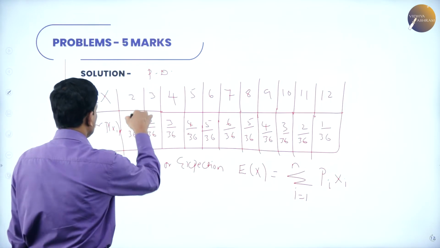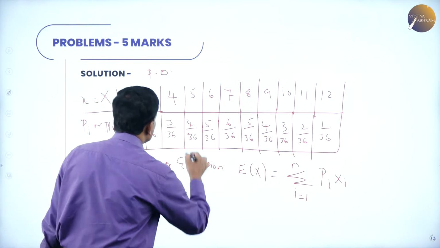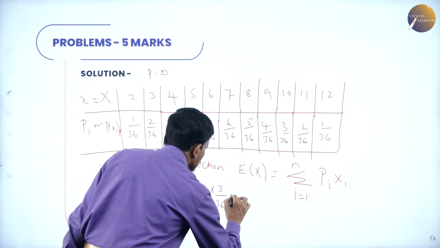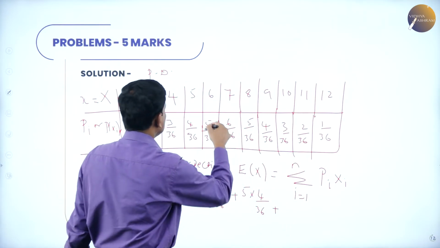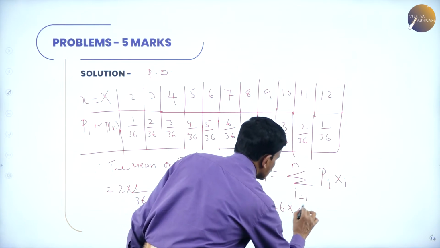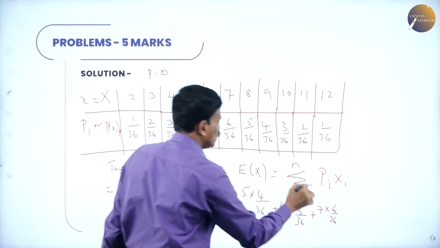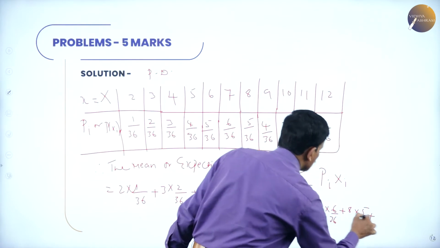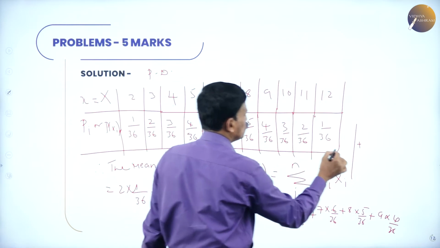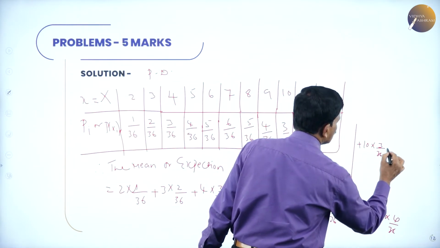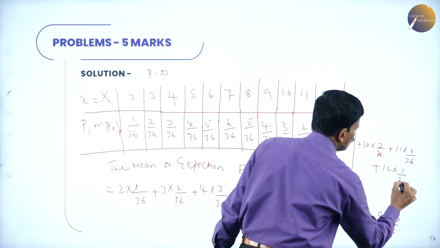If we simplify, this is equal to 2 into 1 by 36 plus 3 into 2 by 36 plus 4 into 3 by 36 plus 5 into 4 by 36 plus 6 into 5 by 36 plus 7 into 6 by 36, again 8 into 5 by 36 plus 9 into 4 by 36 plus 10 into 3 by 36 plus 11 into 2 by 36 plus the last one is 12 into 1 by 36.